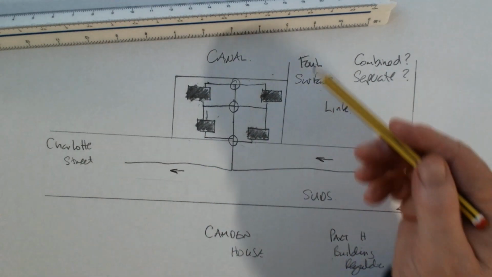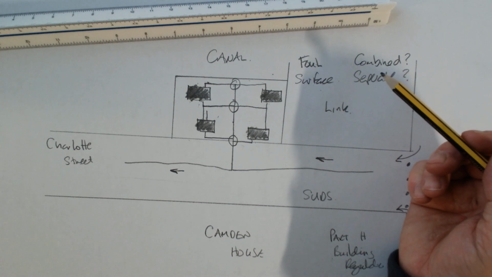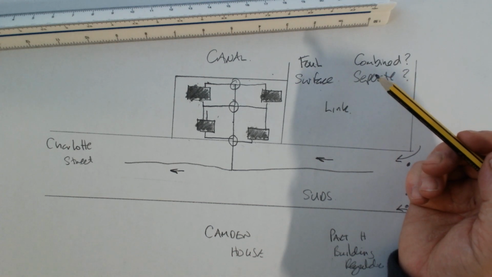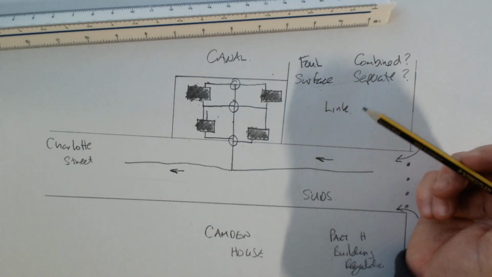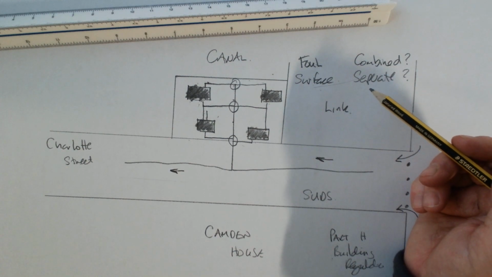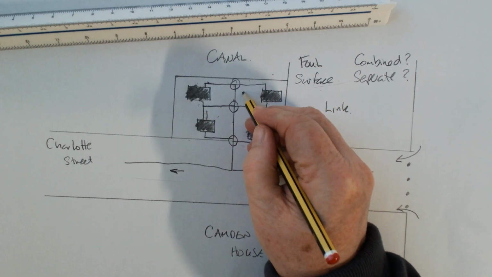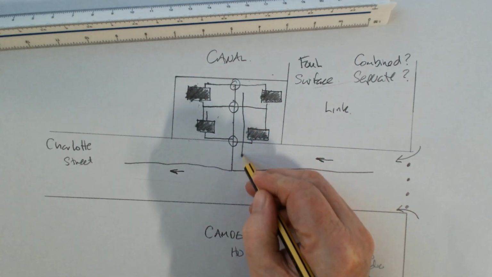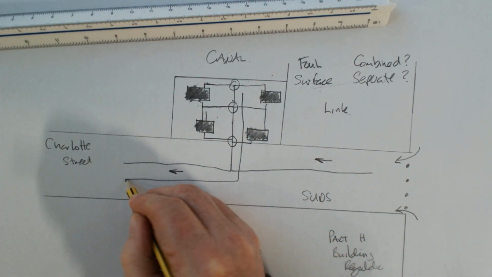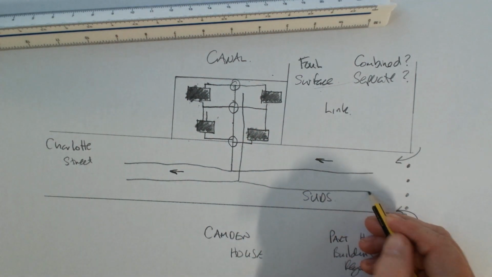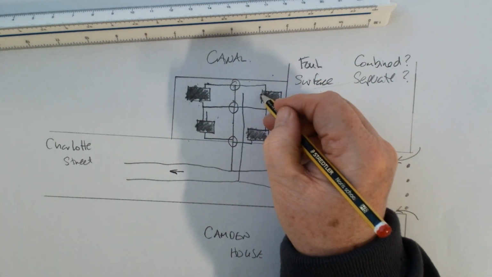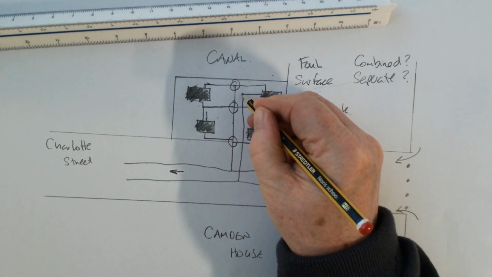Now, obviously, the foul water system will depend where your kitchen and your bathrooms are, and it would be separate. So it would run probably something like this, and go there. Maybe you've got a toilet here, so you connect there.